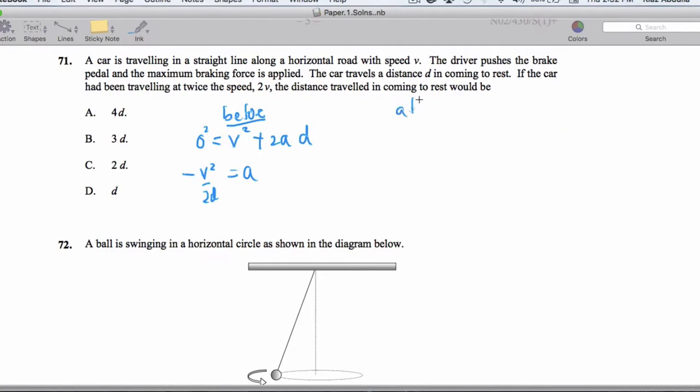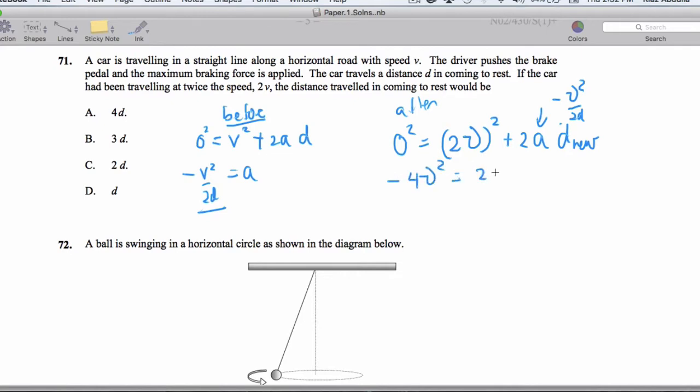After we wind up with a speed of 0, having started at twice the speed, plus 2 times the acceleration times the new distance. And to be clear, this acceleration is negative v squared over 2d, which we got right here. So we're going to get negative 4v squared equals 2 times negative v squared over 2d, times d new.